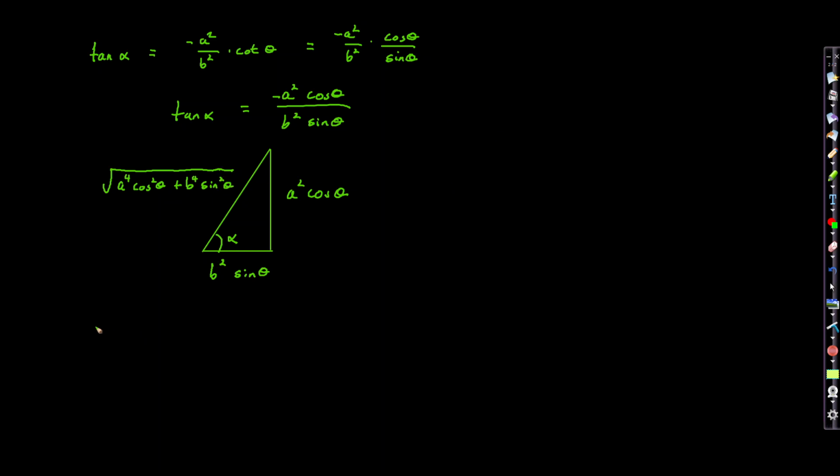Now remember that the coordinates of Q are a cosine alpha, b sine alpha, and what we can do is get an expression for the cosine of alpha and the sine of alpha using this triangle now. So I'm just going to put that up here. Just get a line separator here.